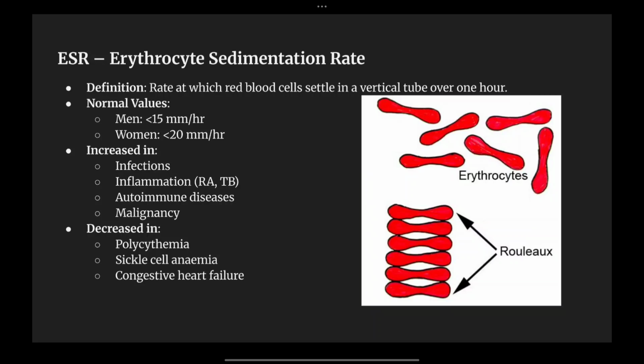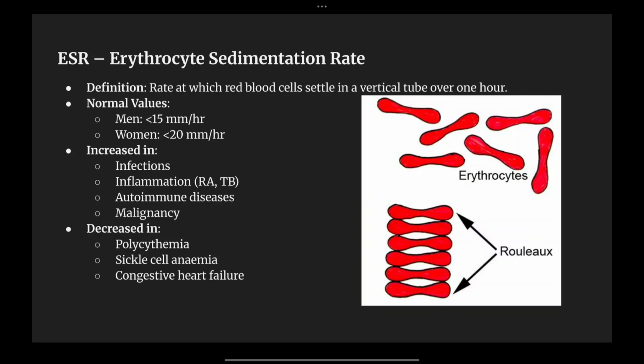Now, what are the normal values for ESR? For men it should be less than 15 millimeter per hour. So there will be a vertical tube. I'll show you an image of the ESR test, how it is done in the labs. For men it is less than 15, and for women it should be less than 20 mm per hour.